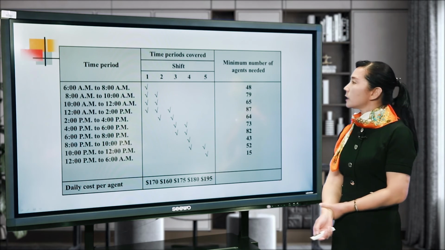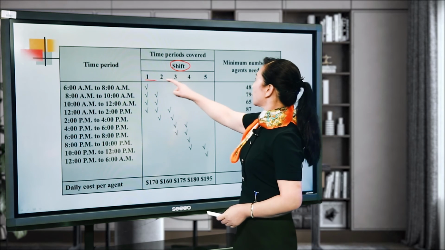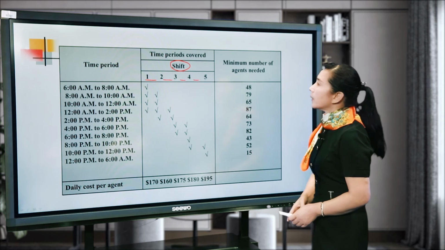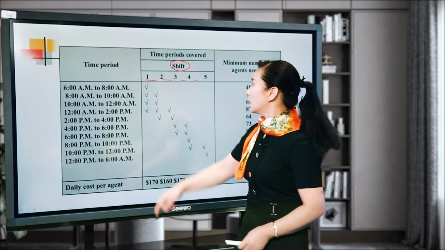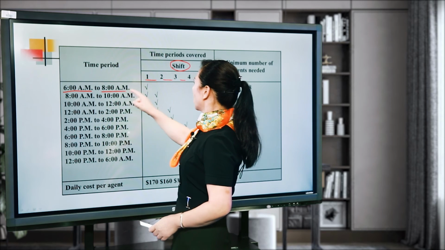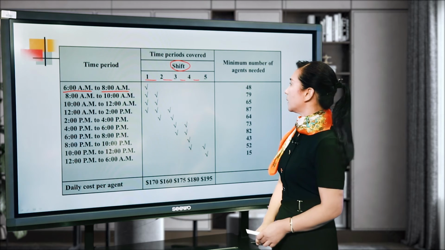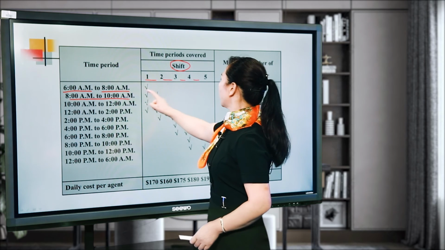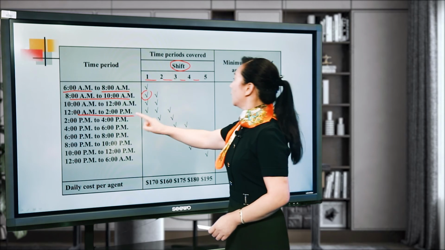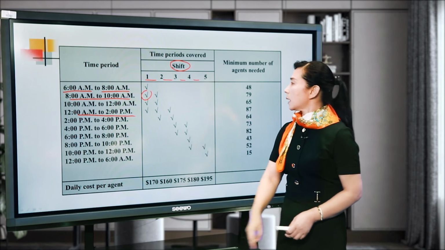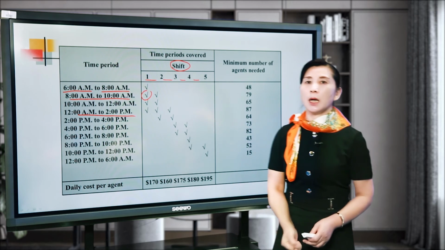In this table, we notice that the shift is 1, 2, 3, 4, or 5, and these are the work time periods of each shift. From 6 a.m. to 8 a.m., shift 1 can work in this period, and this period, and this period, and this 4 period, and they have 8 hours.